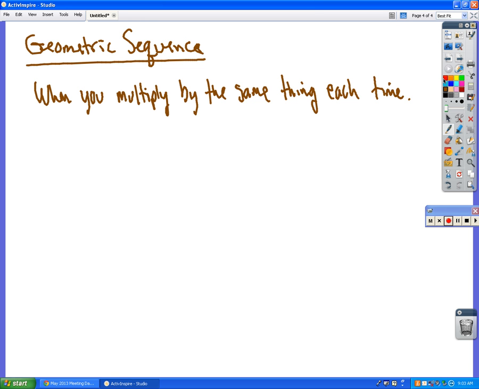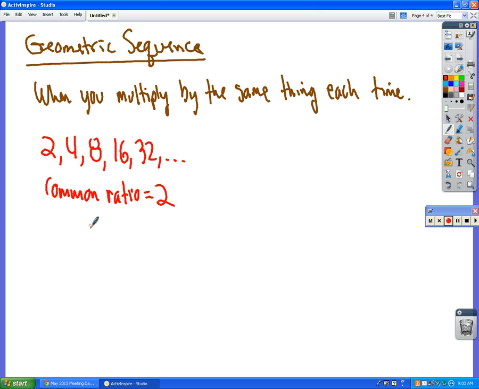So, somebody give me a geometric sequence. 2, 4, not 6 because that would be arithmetic. Yeah, 2, 4, 8, 16, 32, and so forth. What are you multiplying by each time in this one? 2. That's not the common difference, that's called the common ratio. The common ratio is 2. And a lot of times that's written R equals 2.